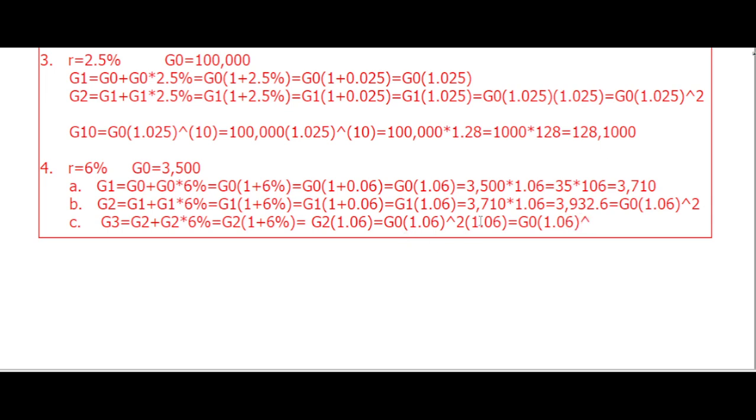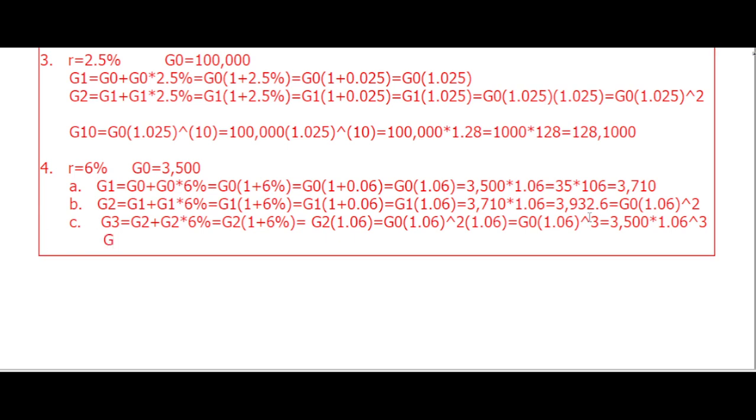Here we have power 2 and here we have 1, so 2 plus 1 is power 3. Let's substitute G0: 3500 times 1.06 to the power 3.